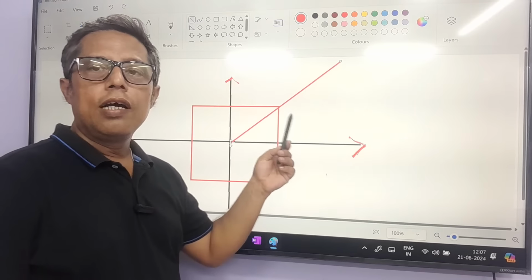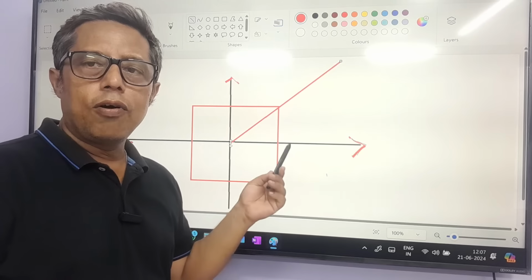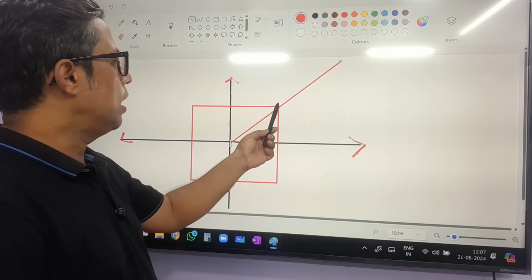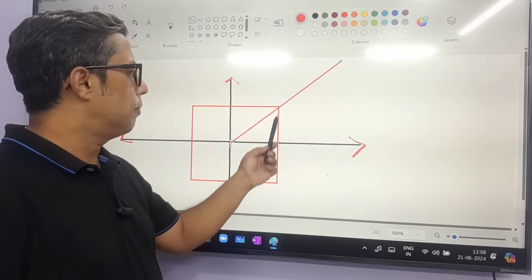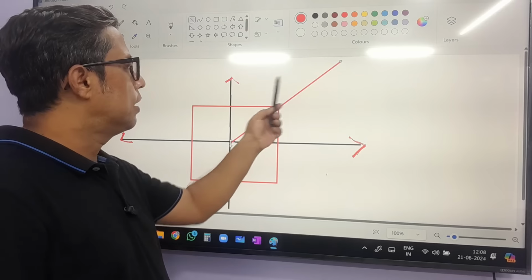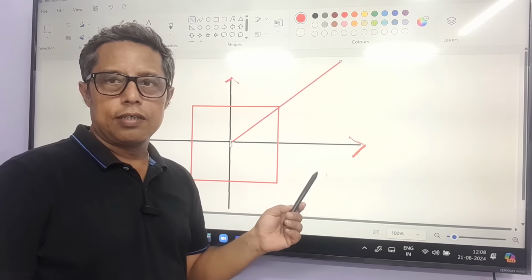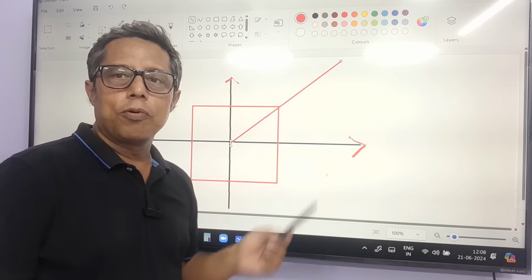This point has a location in coordinates, that's called x coordinate and y coordinate. To reach this point, I have to travel this distance in x, then this distance in y, then I'll get (x, y). This region is the first quadrant in geometry, which means both the values of x and y will be positive here.